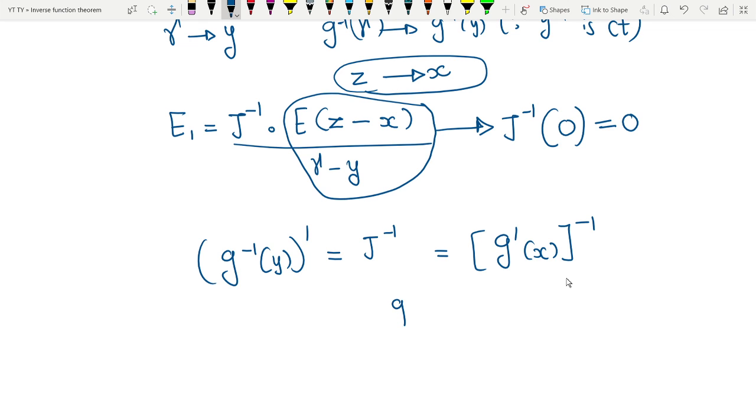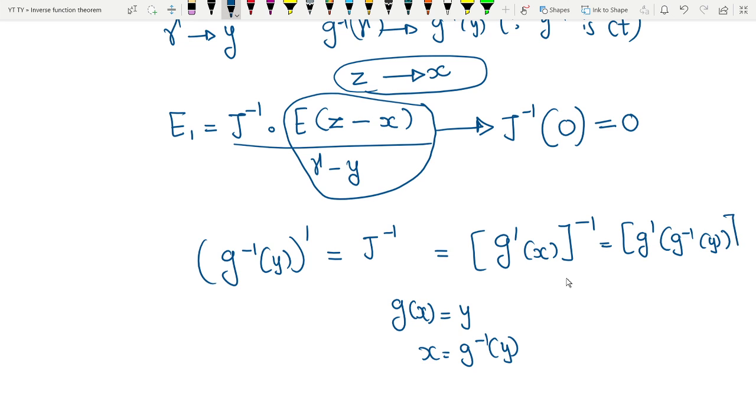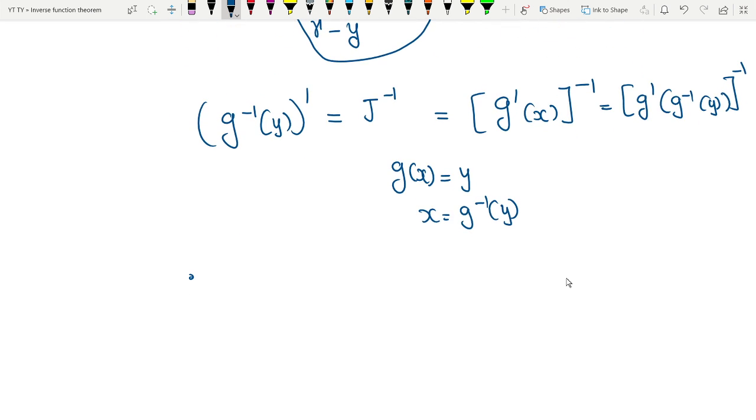Since my G of x equals y, my x was the same as G inverse of y. So I replace this x by G inverse. Hence that is nothing but G dash G inverse of y and the whole inverse. And therefore the theorem is true.